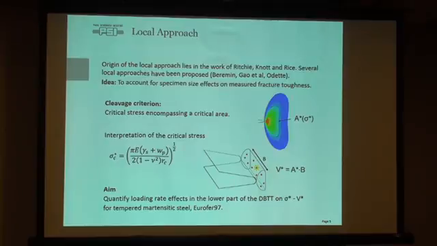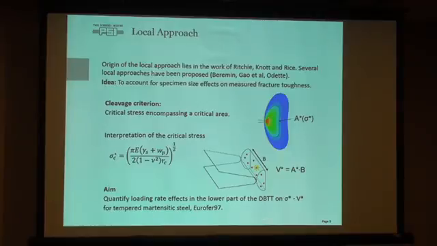One interpretation of the critical stress is in terms of the Griffith stress from a penny-shaped crack with the critical radius r_c, where gamma_s is the surface energy and W_B is half of the plastic work per unit area to propagate a crack.